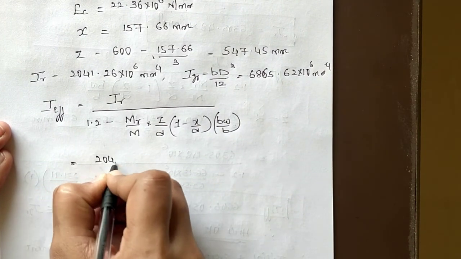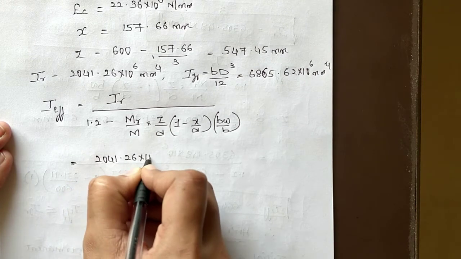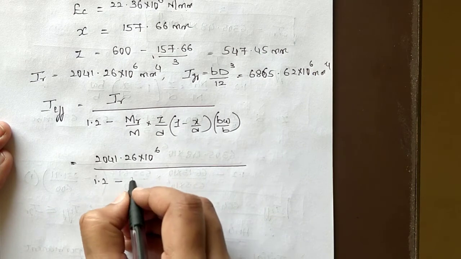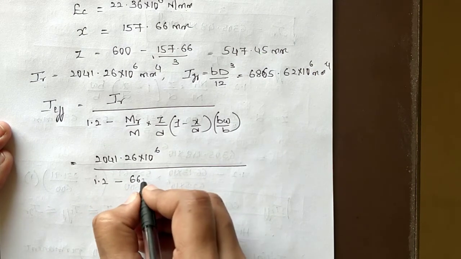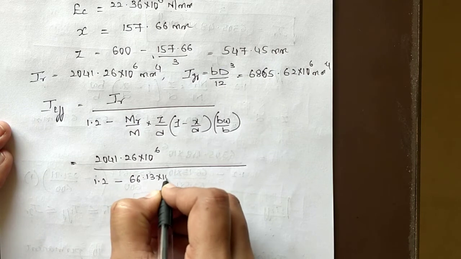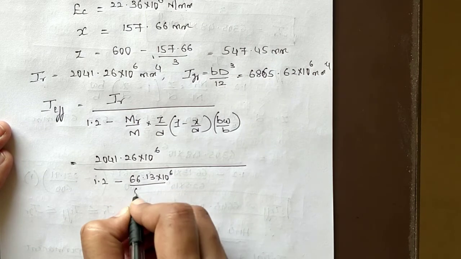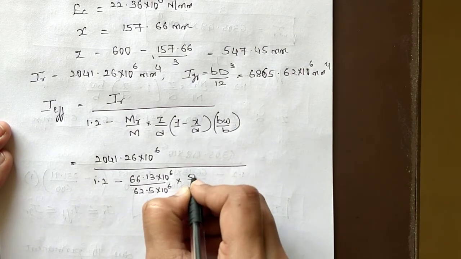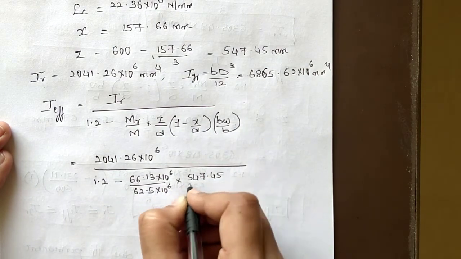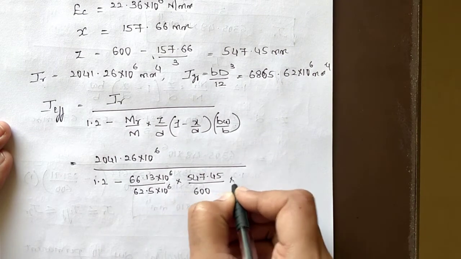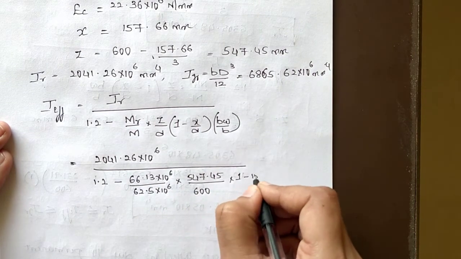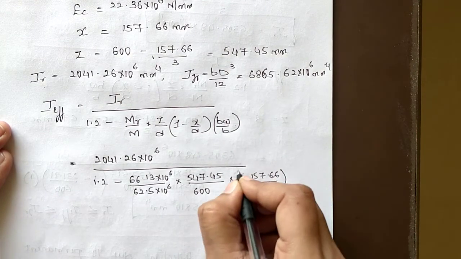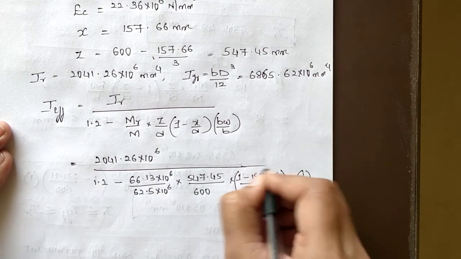IR is 2041.26 into 10 to the power of 6 divided by 1.2 minus MR value 66.13 into 10 to the power of 6, and the M value is 62.5 into 10 to the power of 6 into Z value 547.45 into D value 600 into 1 minus X value 157.66 divided by D value 600 into ratio is 1.